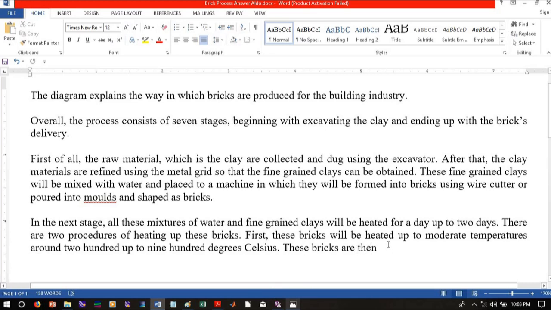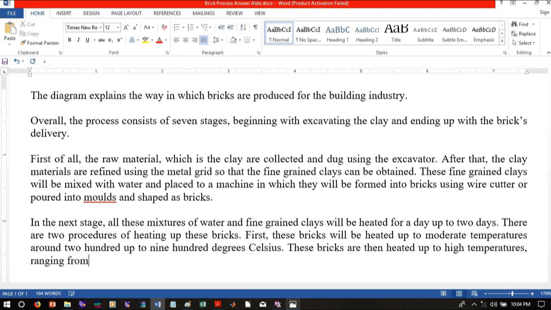So these bricks are then heated up to high temperatures, ranging from 870 to 1300 degrees Celsius.